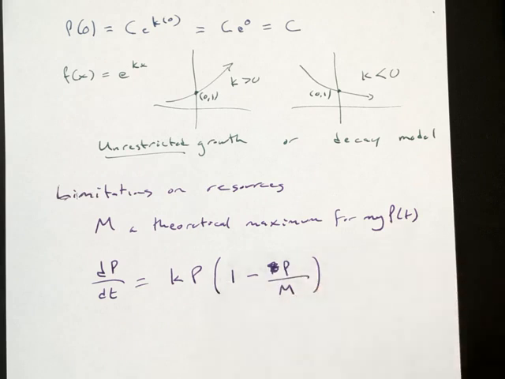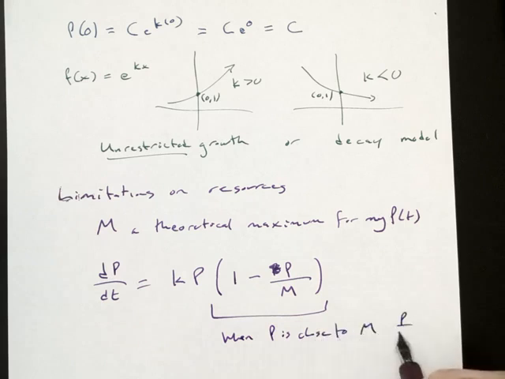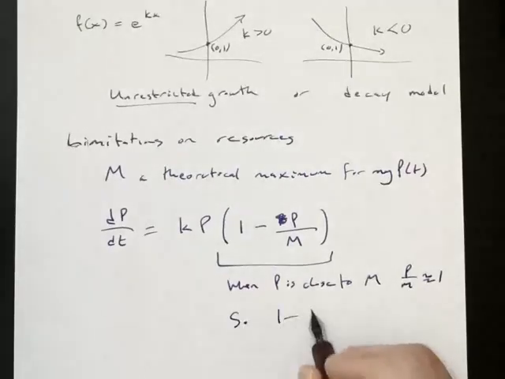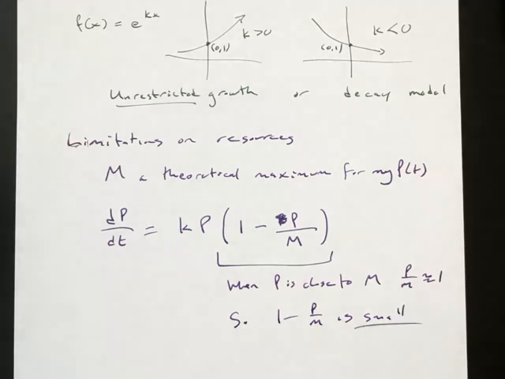And that makes this multiplication thing very small. And that means my growth is multiplied by something small and thus slows down.